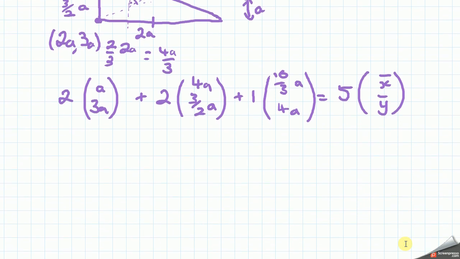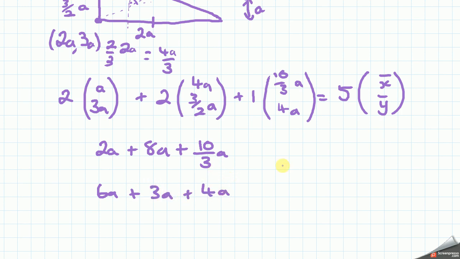Evaluate everything through, so we get 2A plus 8A plus 10/3 of A on top, and we get 6A plus 3A plus 4A on the bottom, and that is all multiplied by 1/5 to give us X bar, Y bar.